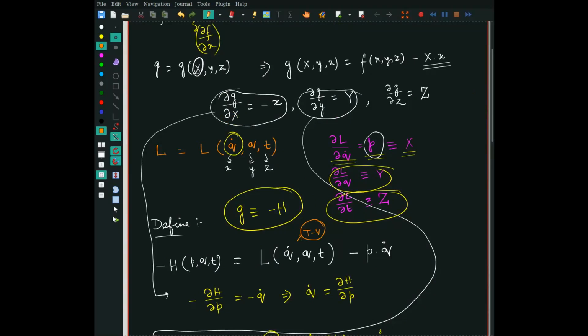What I used is that L is a function of q dot, q and t. I do not know what that is, by which I mean that it is a function constructed artificially by some guesses, by some symmetry arguments or so. If it becomes T minus V, it is a happy accident.